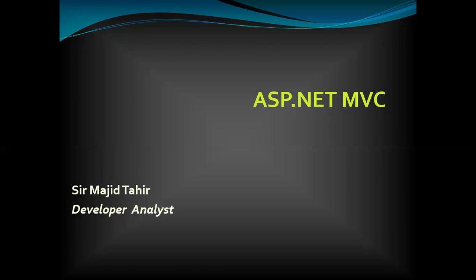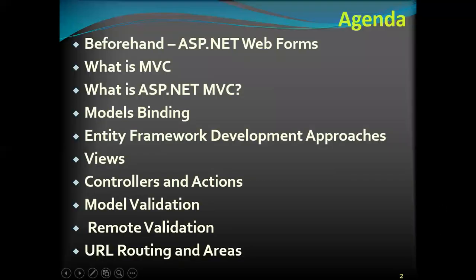It is not only used for web-based applications, but it can also be used for desktop or mobile-based applications where user interaction is involved. So we can say that MVC is a general platform. We can develop any type of application for mobile, for desktop, for cross-platform applications, and so on.